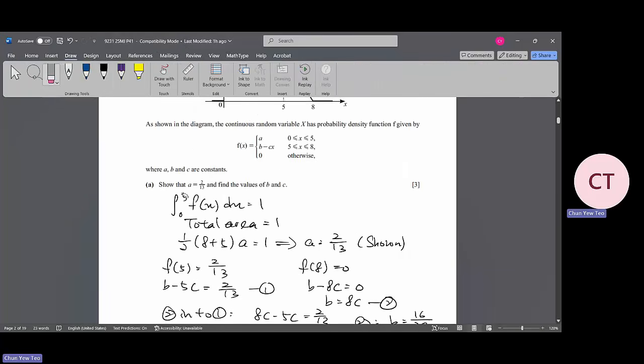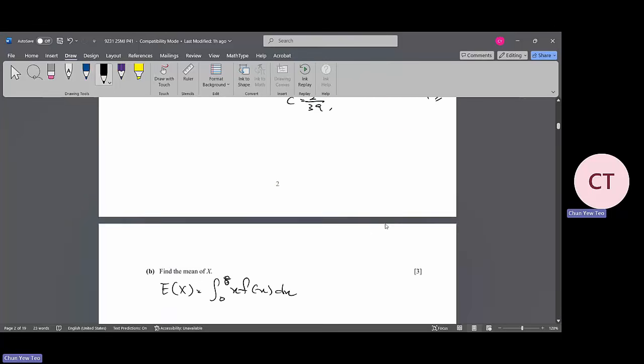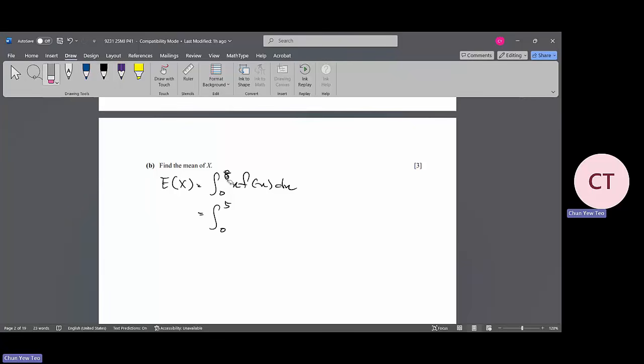I made a mistake here, so sorry. Now let's continue. This is 8, and we split it into 2 parts. The first section is 0 to 5 with 2 over 13 x, and the second section is 5 to 8.